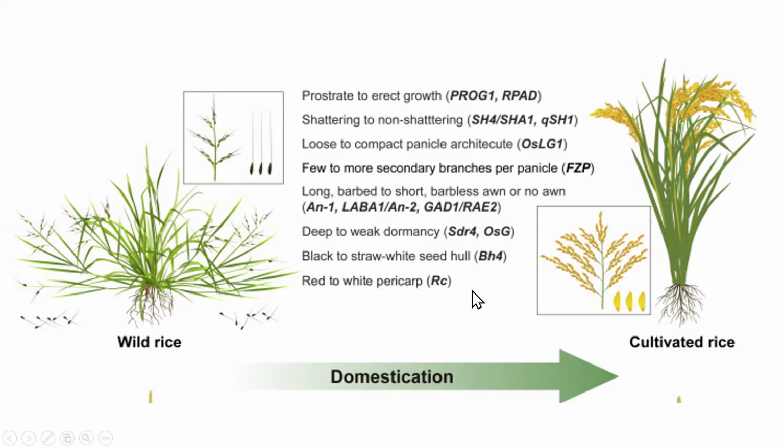So scientists found, after genome sequencing of this one and the cultivated one, that only a few genes had been different or modified or somehow selected, and now we have this cultivated rice.